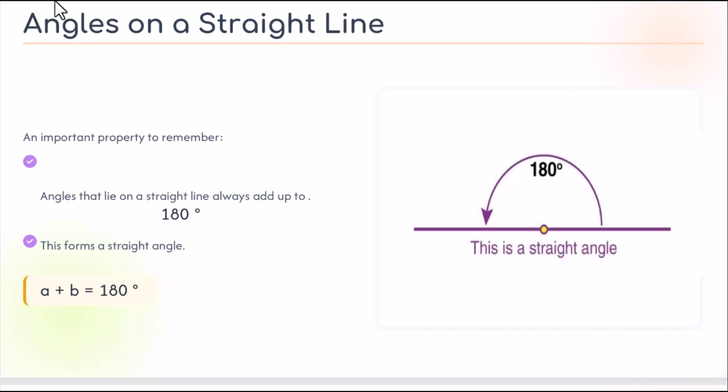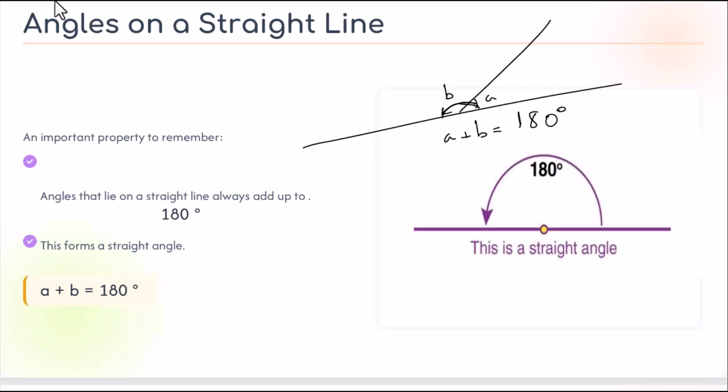So the first property, and it's an interesting one, and very obvious, is that if you have, for example, two angles on a straight line, let's say an angle A and here an angle B, the sum of the two gives us this straight angle here, so it's 180.